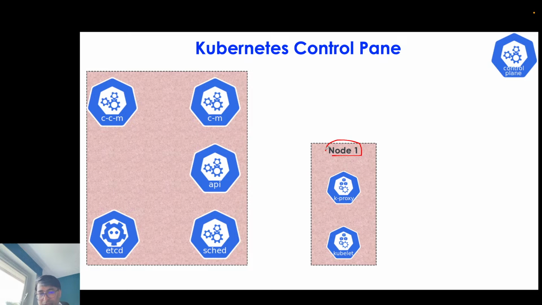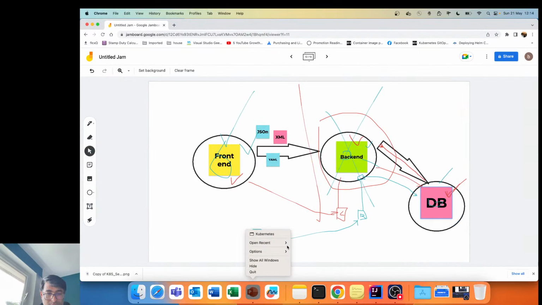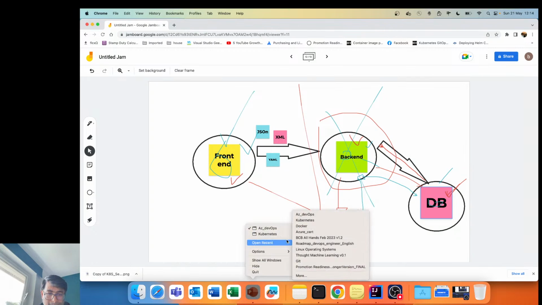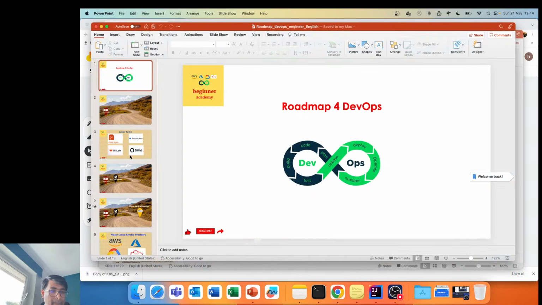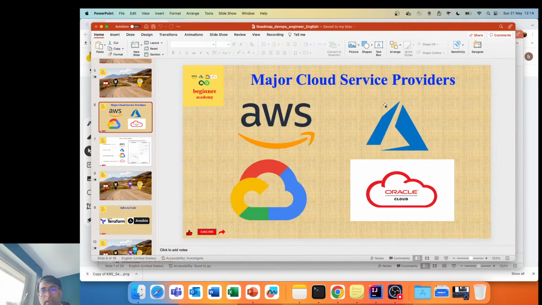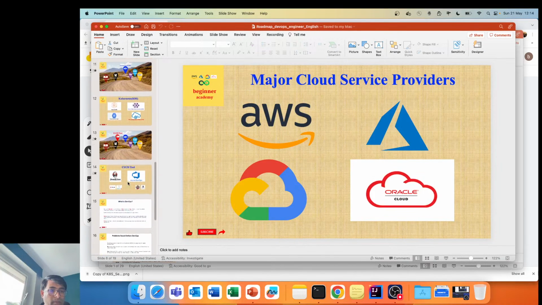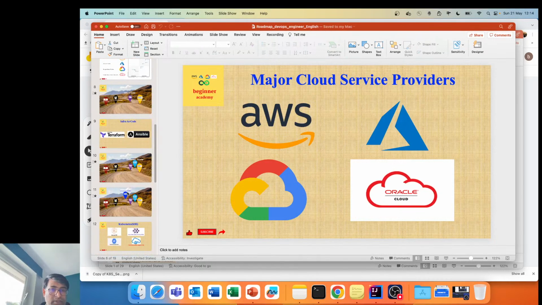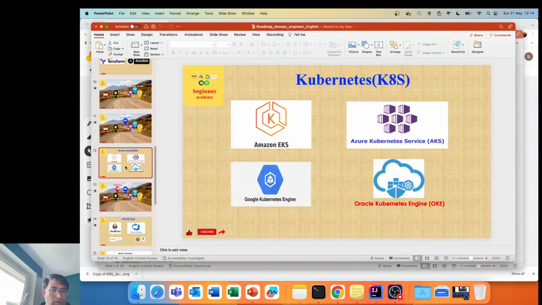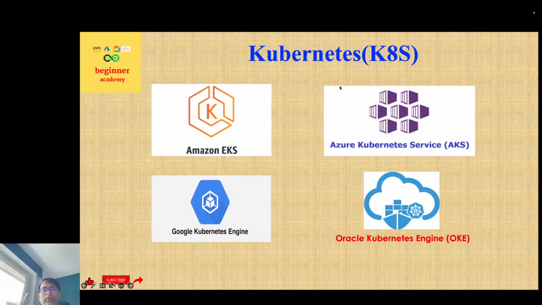Then each of these cloud providers, CSPs, came up with their own version of Kubernetes service. If you could see here, Amazon came up with their own EKS.